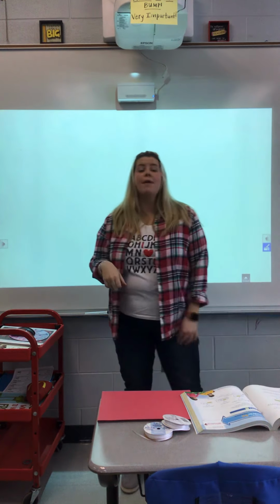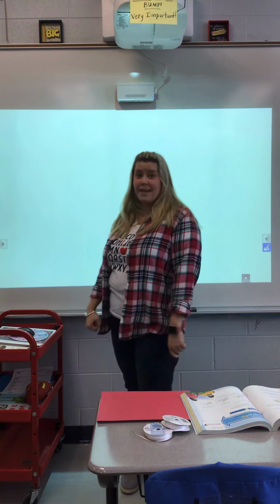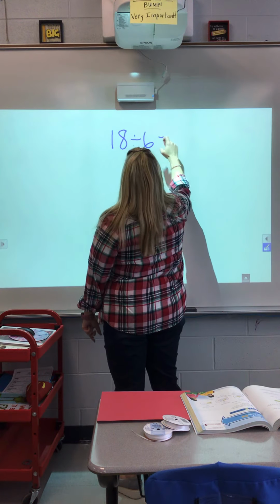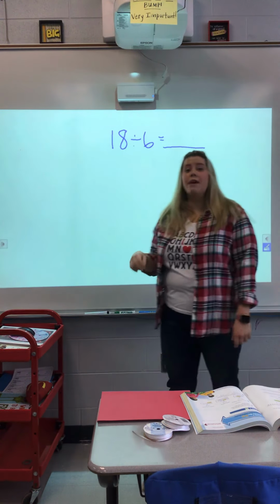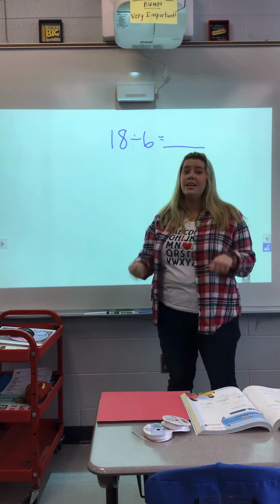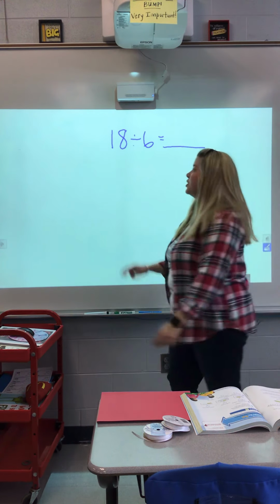Okay, this time I'm going to give the division sentence 18 divided by 6. Okay, so that means I have 18 tally marks. I'm going to put them into 6 equal groups, always equal. And we're going to figure out how many are in each group.